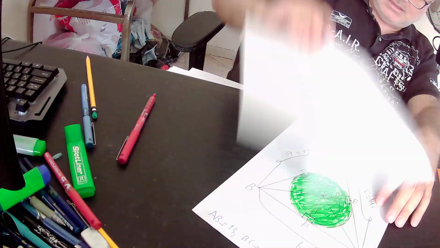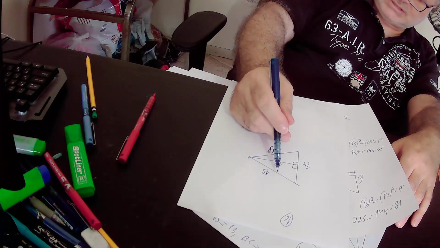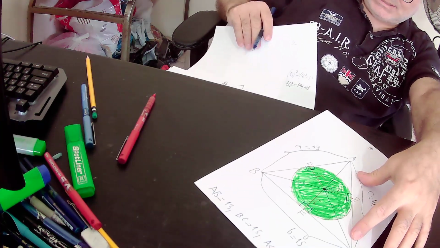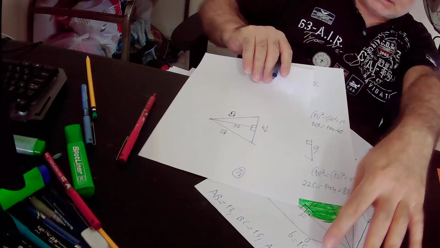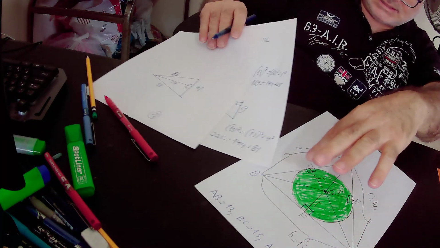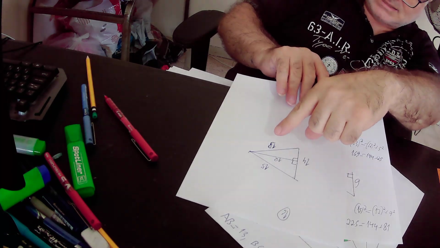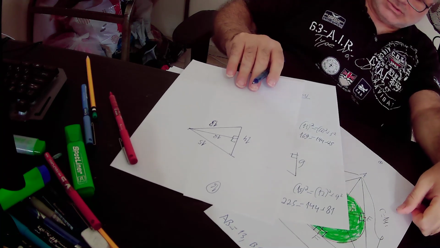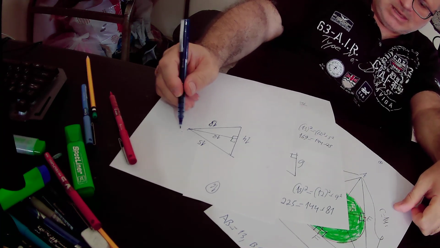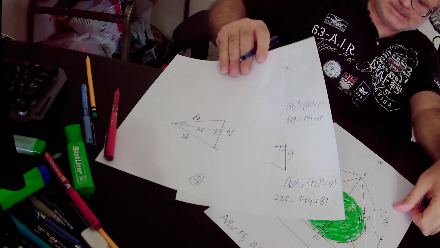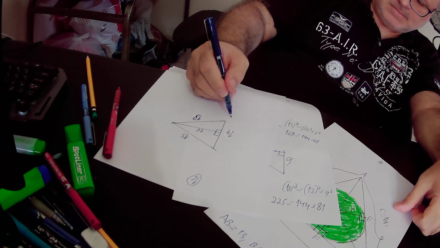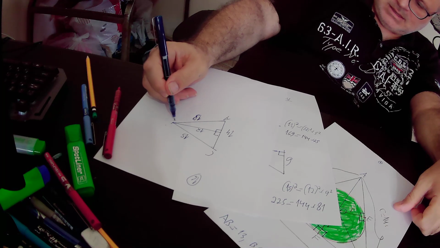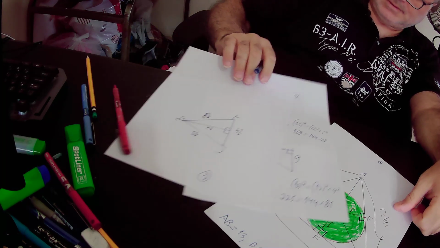This is 14 units, this is 15 units, and this is 13 units, exactly like this triangle. Okay, so this is A, this is C, and this is B.